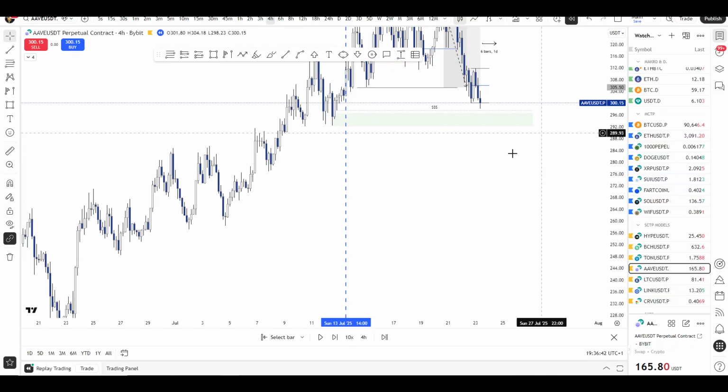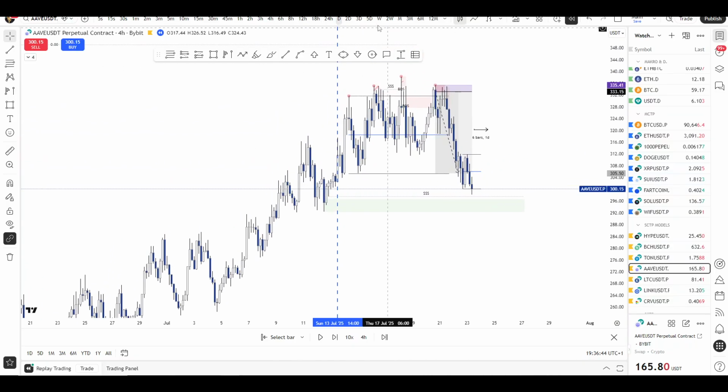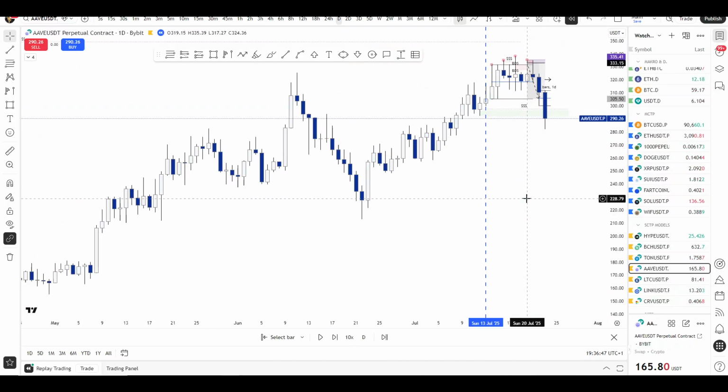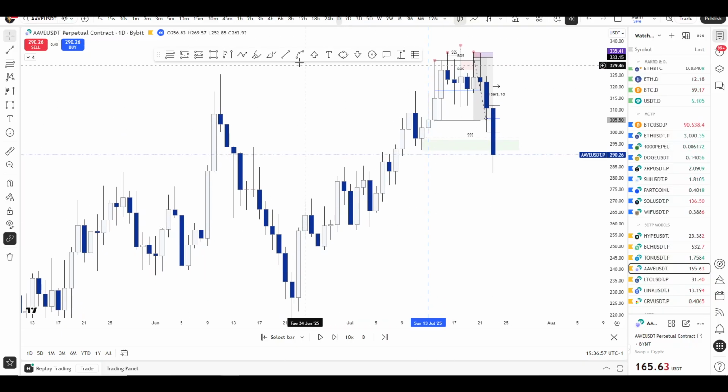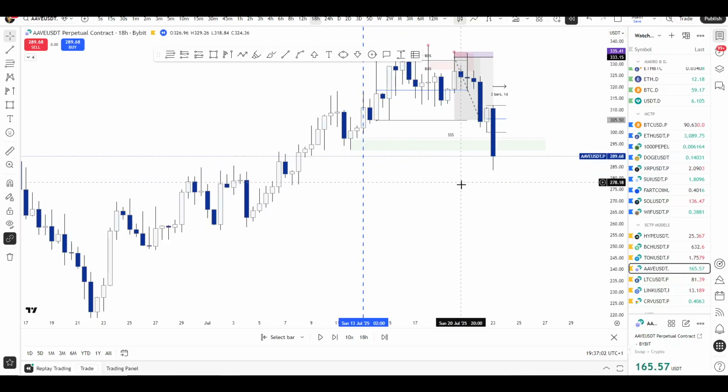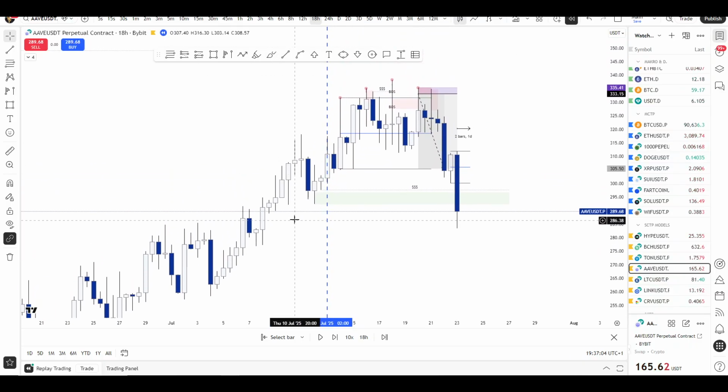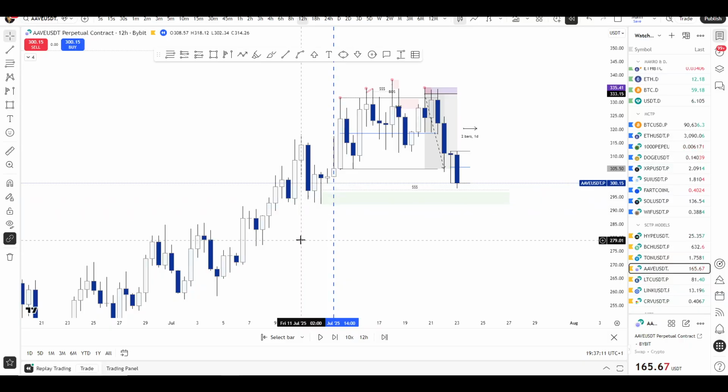So let's see, like on the daily. Two down. This is not daily. We would break daily market structure down here, 18. This is not valid 18 hour. We have 2 up, 2 down, 2 up, 2 down.